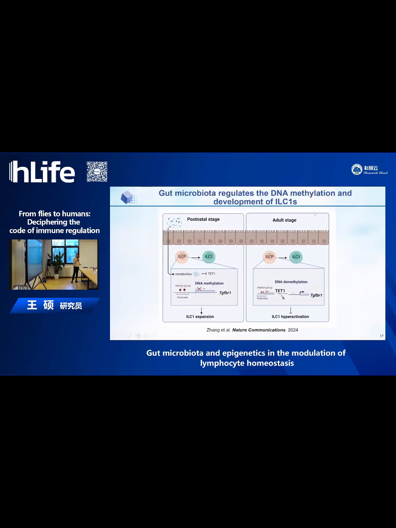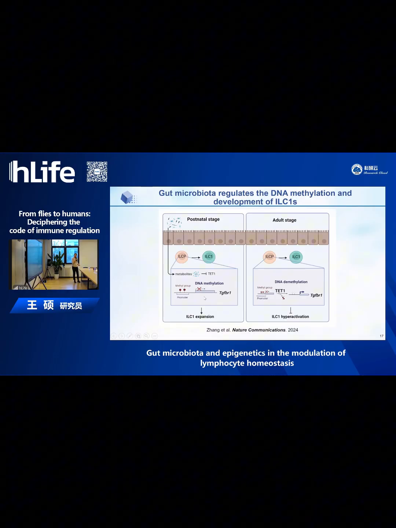To make a long story short, we found that the gut microbiota can regulate the methylation or hydroxymethylation of ILC1, and the metabolites can inhibit the demethylation enzyme, and then contribute to the demethylation of the TGF-beta receptor, and can lead to the X1 expression.